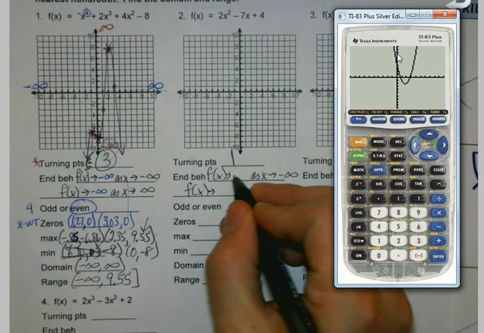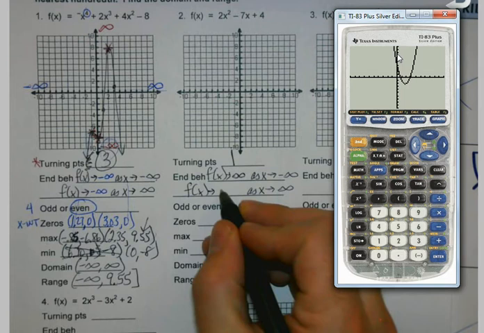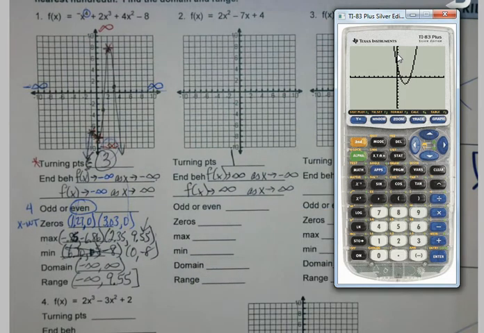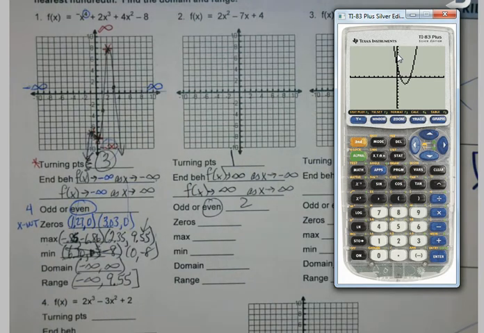Up towards infinity, and right. Since they're heading up in both directions, both up to the left and up to the right, those are both going to be infinity. Odd or even function? Even. Because again, we're looking at a quadratic.